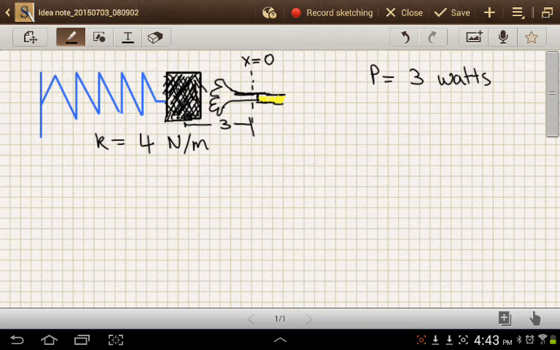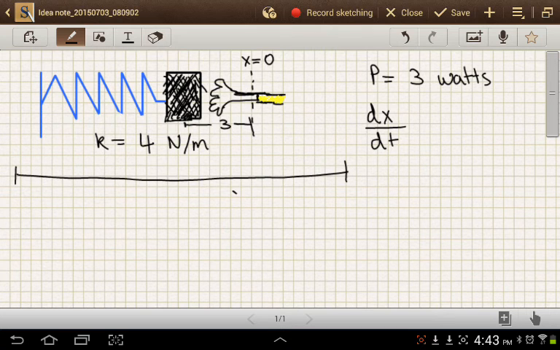So essentially I'm asking to find dx/dt. So let's say we have this as our x-axis, and we want to find the instantaneous change of the block along this axis at the time when it is located 3 meters away from its equilibrium position.